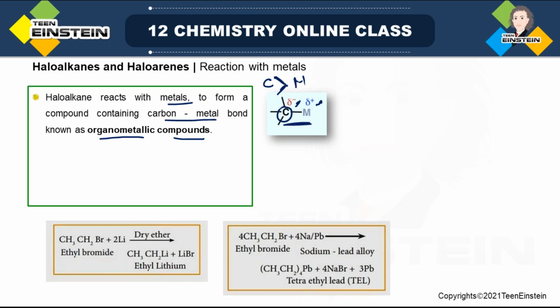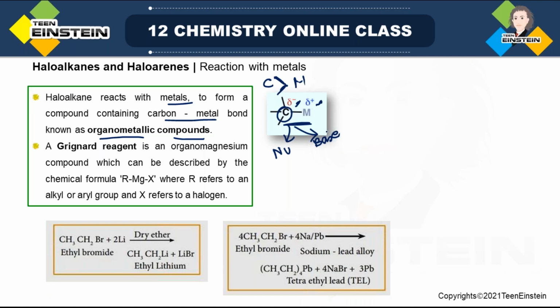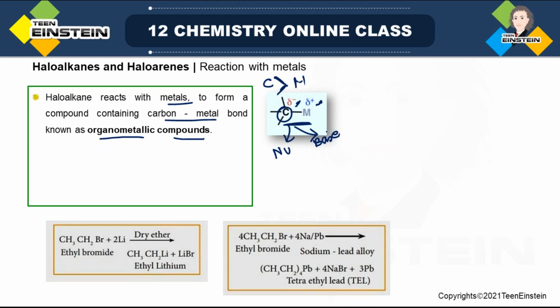Now this carbon can behave as a nucleophile or as a base because of this negative charge density. Now there is a very common term, which probably all of you have heard, which is Grignard reagent.